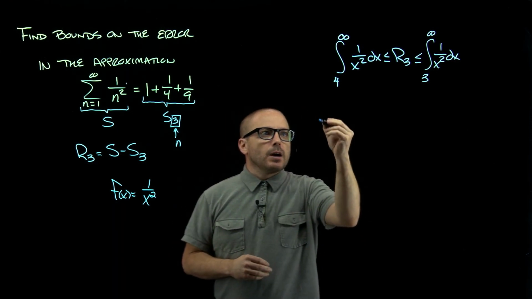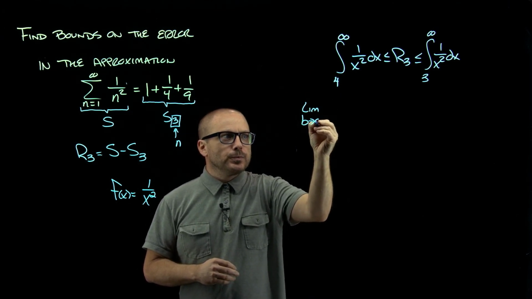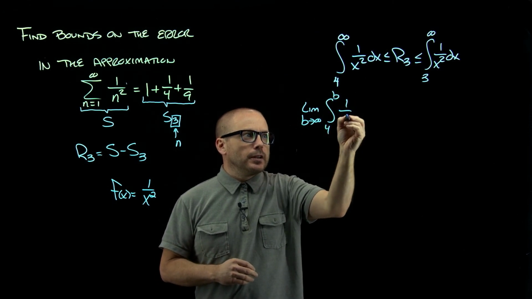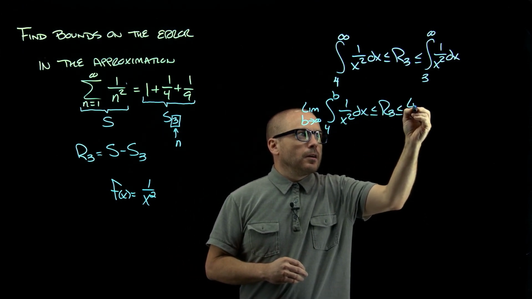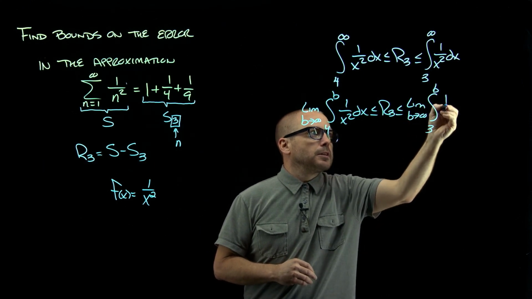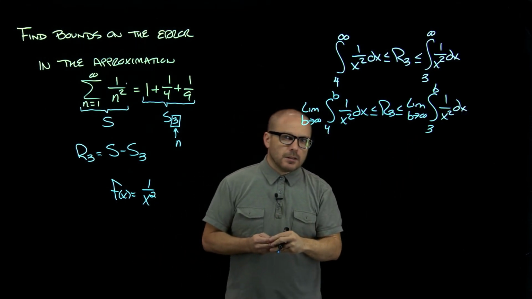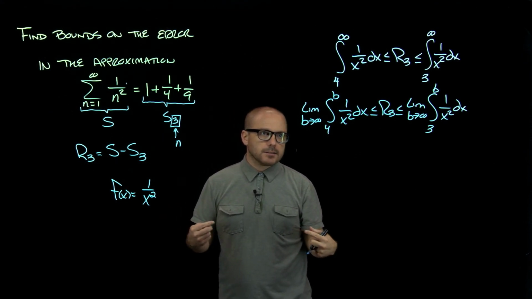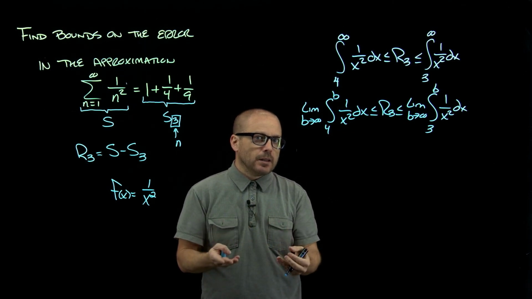We want to make these proper first. These are improper integrals, and the first step is to write them as proper integrals. So we go from 4 to b and let b go to infinity, and then from 3 to b and let b go to infinity. The antiderivative of 1 over x squared is just the power rule, so it's negative 1 over x. You raise the negative 2 power to a negative 1, and then divide by negative 1.